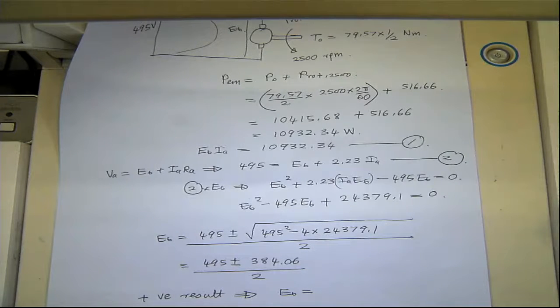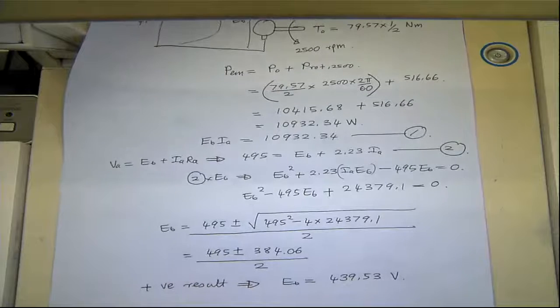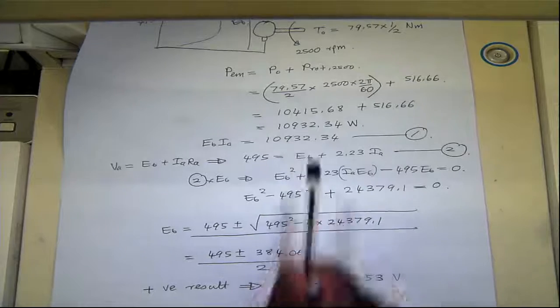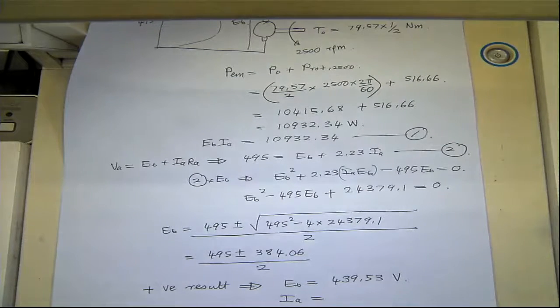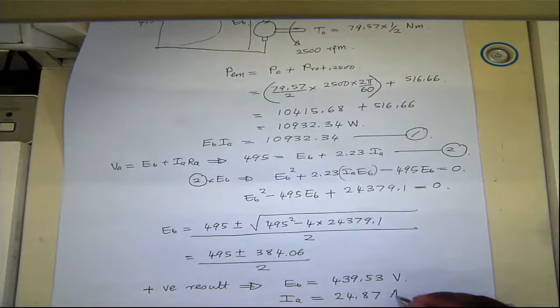That will be 439.53 volts, and the corresponding current IA will be this value divided by this voltage, 10,932.34 divided by that gives you 24.87 amperes.